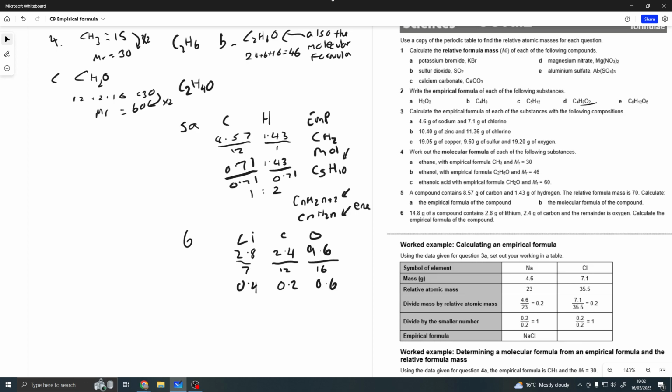Now I need to divide all of those by the smallest, which is 0.2. Now that means we've got a ratio of 2 to 1 to 3, which means our empirical formula, we've written the ratio. It is very simply Li2CO3, which is also the molecular formula, interestingly.